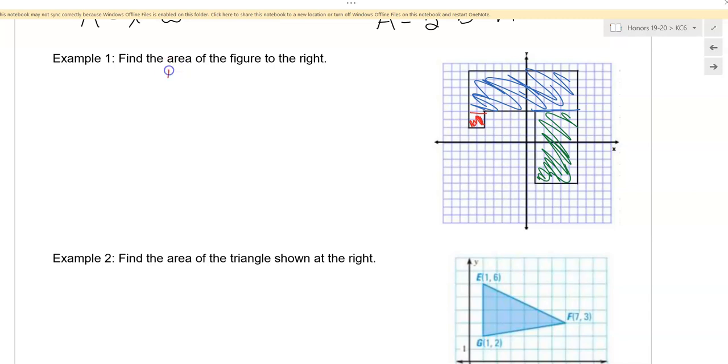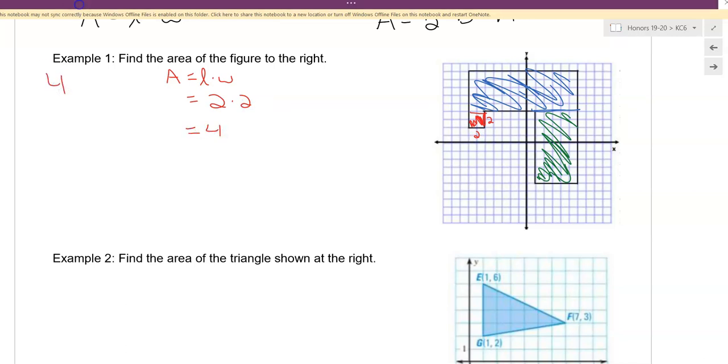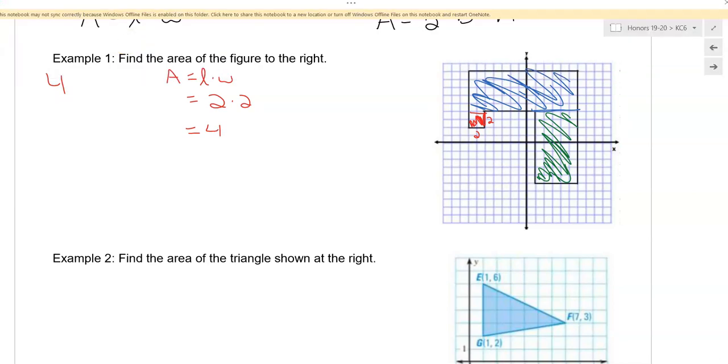So again, this is a rectangle, so area equals length times width. This is 2, and this is 2. So that's 2 times 2, which is 4. Same thing as I did with perimeter, I'm going to keep track of my answers on the side, so I can add them all up at the end. Same thing with our blue rectangle.